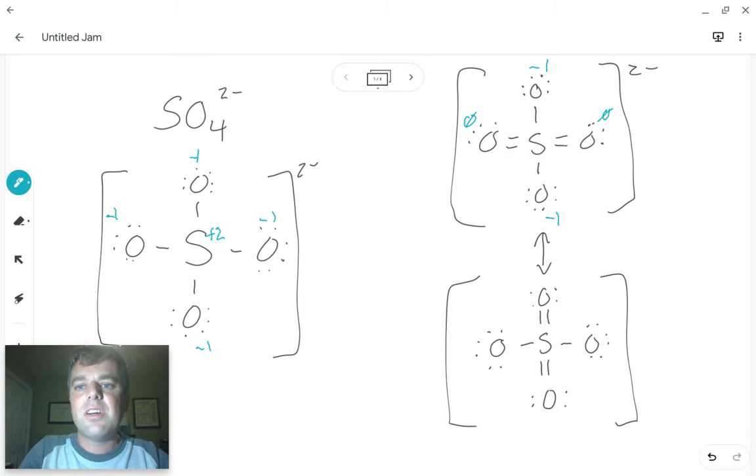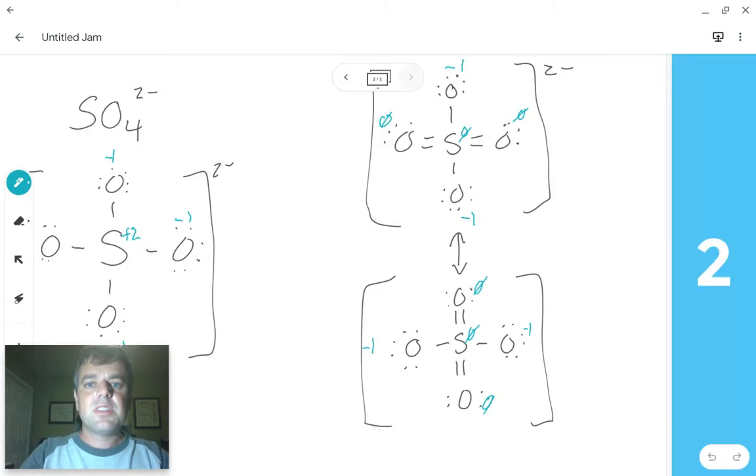And the sulfur also has a formal charge of 0. And then down here it'd be -1, -1, 0, 0, and 0. So if the College Board just asked you to draw a Lewis structure for sulfate, this is the structure they would expect you to draw. But if they asked you to consider this structure on the right, on the basis of formal charge, it is a better option.